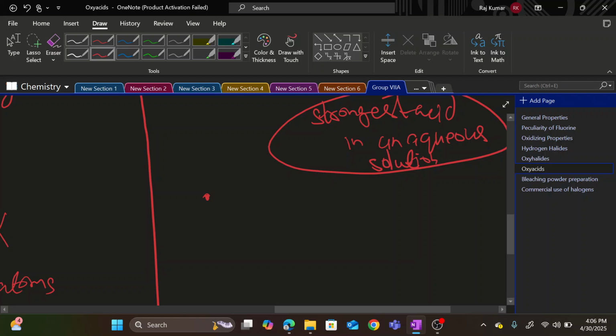Another important point to remember in this case is that it can be prepared by reaction of potassium chlorate with concentrated H2SO4.